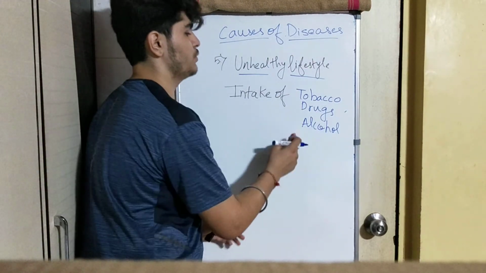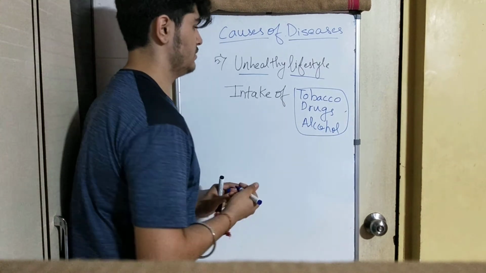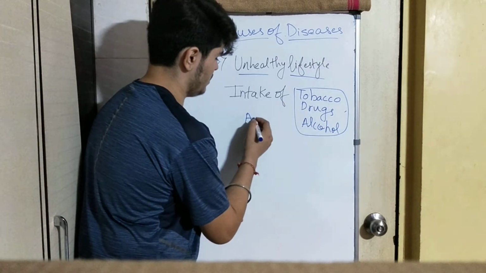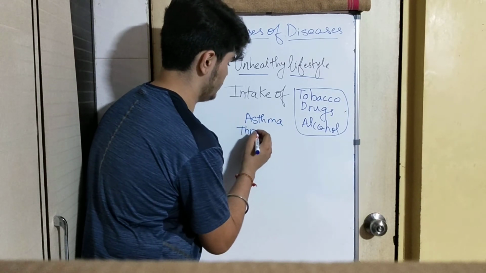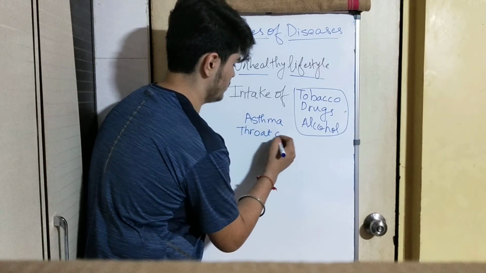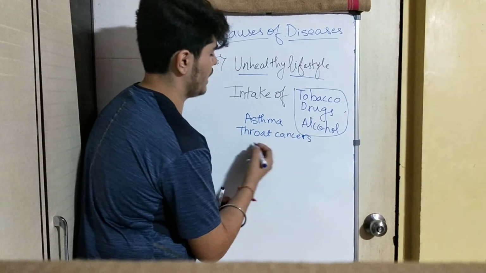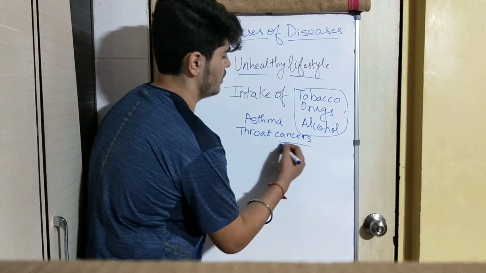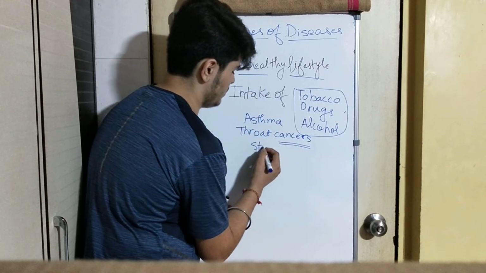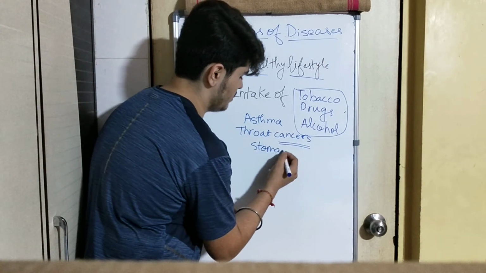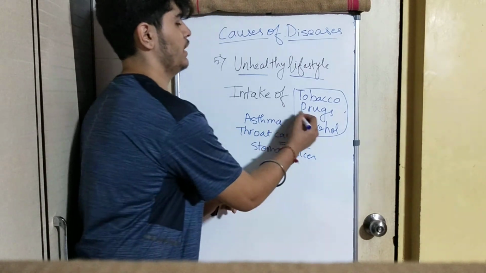And due to intake of these things, you can have diseases like asthma, throat cancer, and there are many types of cancer due to this. You can have stomach cancer, stomach ulcer due to intake of drugs.